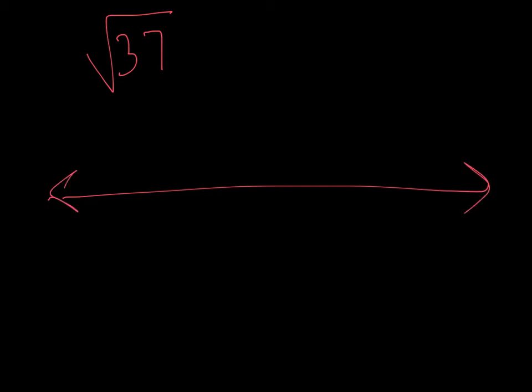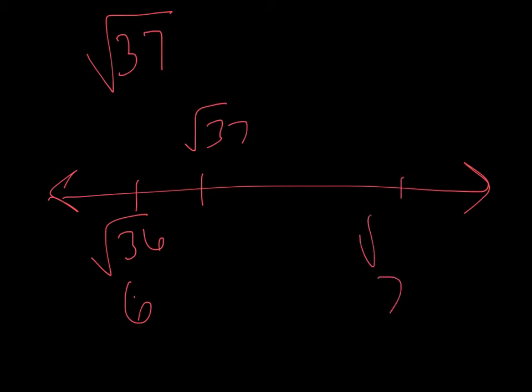Let's look at another one. If we have the square root of 37, well, if I have a number line, the square root of 36 is really close to that, right? And that's 6. And then 7 is the square root of 49, right? So I'm just counting my whole numbers and then figuring out what are their perfect squares.